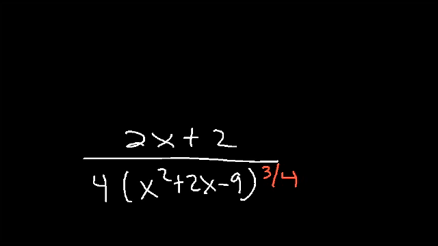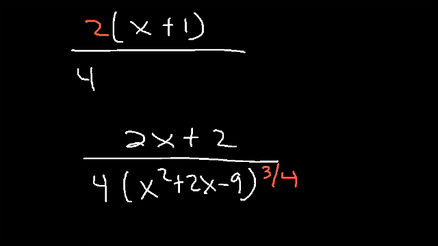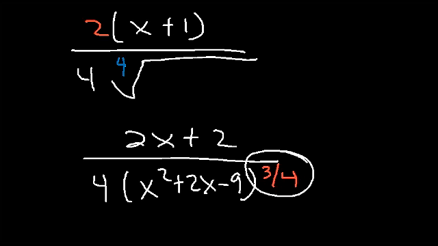Now we could still simplify the expression. We could take out a 2 from the numerator, so it's going to be 2 times x plus 1. On the bottom we have a 4, and we can convert this back to a radical. So this is going to be the 4th root of x squared plus 2x minus 9 raised to the 3rd power.